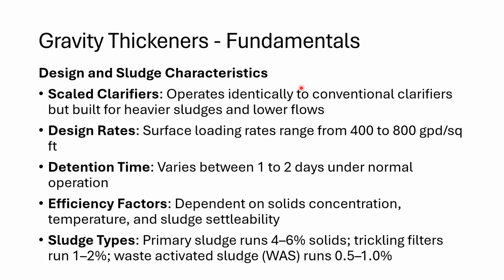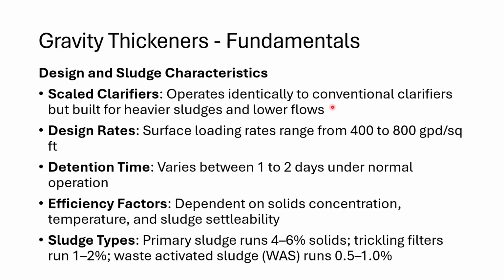We're basically dealing with a thickener that's another circular tank. It's a scaled clarifier, if you will. It's built the same way a primary clarifier is, with a few tweaks. The dimensions and flow rates are going to be designed and built for heavier sludges and lower flows.